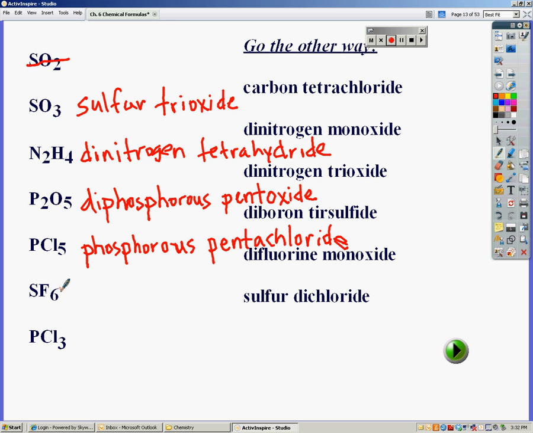So the prefix for 6 is hexa, and we change fluorine to fluoride. Okay, and then finally 1 phosphorus, 3 chlorines. Prefix for 3 is tri, and we change chlorine to chloride.